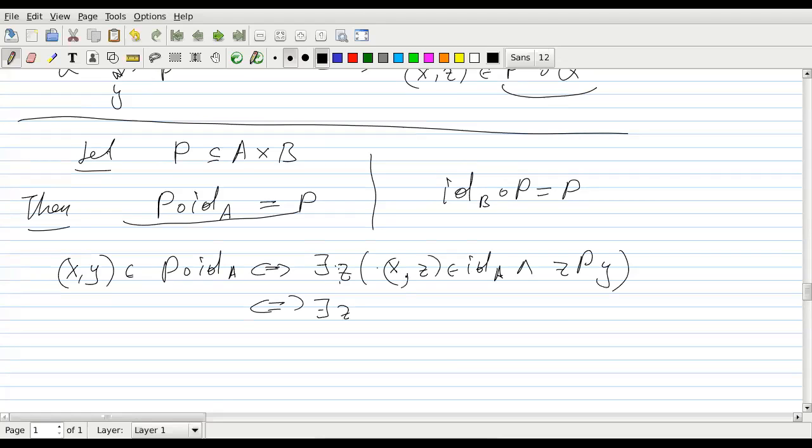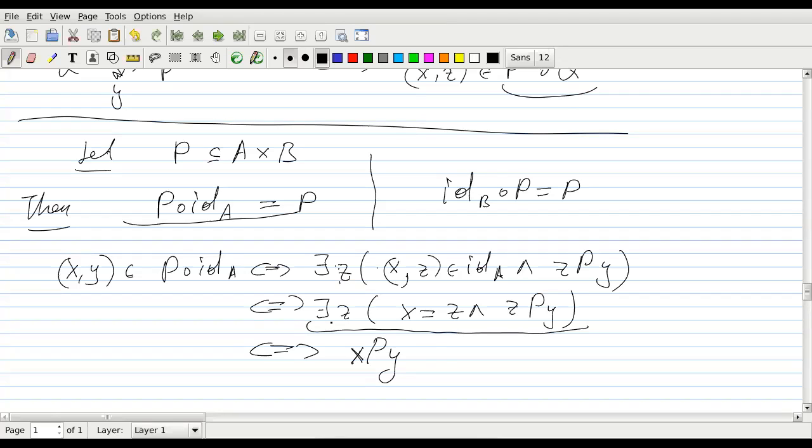But when XZ belongs to the identity relation, when X and Z are identical, so there exists Z which equals X, and there is an arrow from Z to Y. When is this possible? When XY belongs to P. Of course, when there is a P arrow from X to Y.